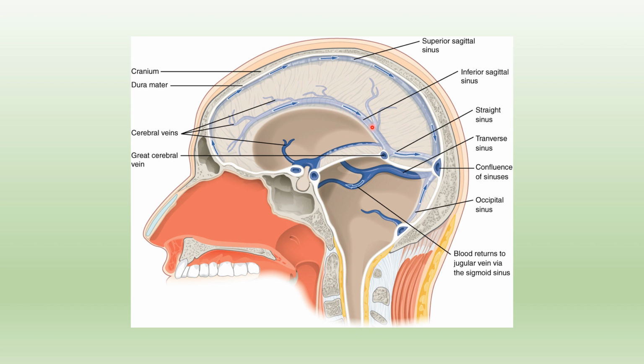So your inferior drains into the straight. Here you go. They all converge right here. Down here's your occipital sinus drains. They're all converging at this point, and now here's your transverse sinus here. And it's going to drain into the sigmoid sinus and eventually into the jugular vein, which then eventually is going to drain back to the heart.